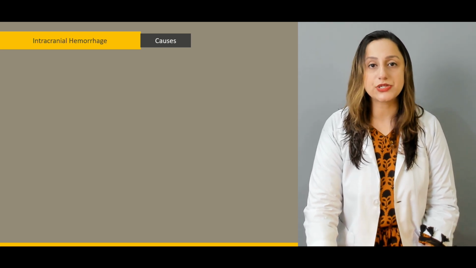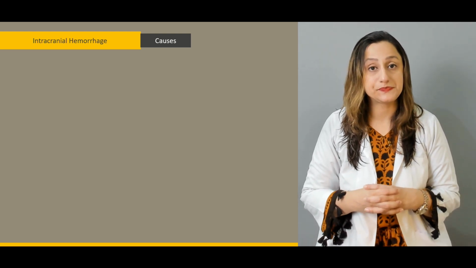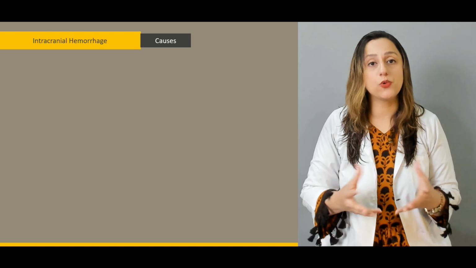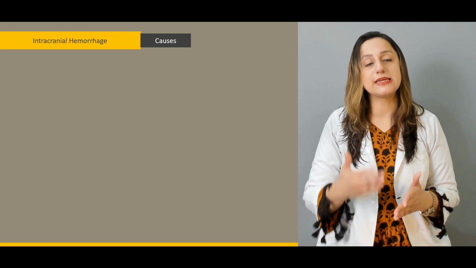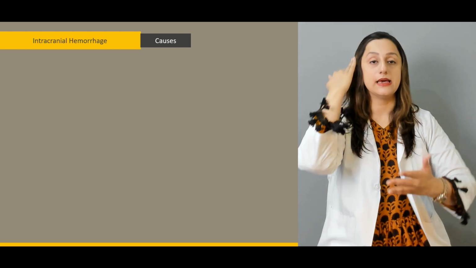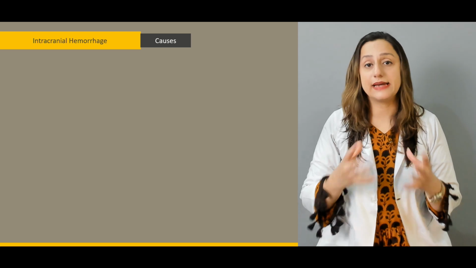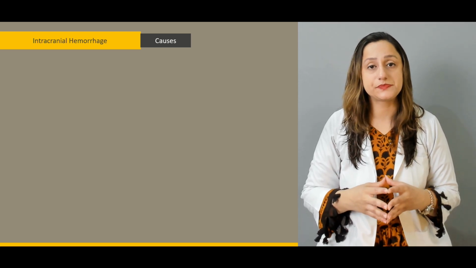Having done with these kinds of intracranial hemorrhages, we must know that there are a lot of factors that contribute towards the development of these intracranial hemorrhages. We must know that through rigorous investigations, either radiological investigations such as CT scans or MRIs, can be done in such patients.